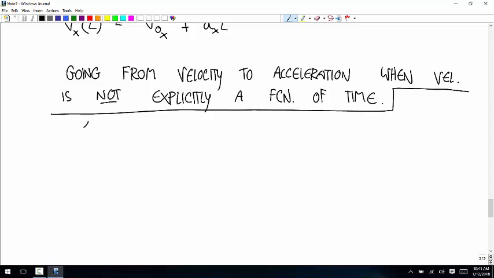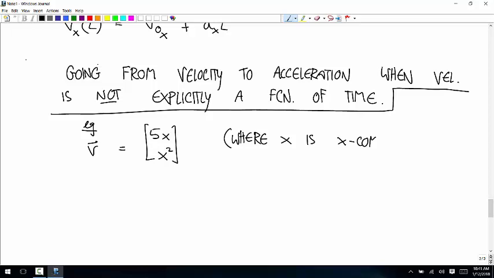Okay, so for example, let's say that the velocity is given as 5x, x squared. And what we're talking about here is that x is the x component of the position vector.